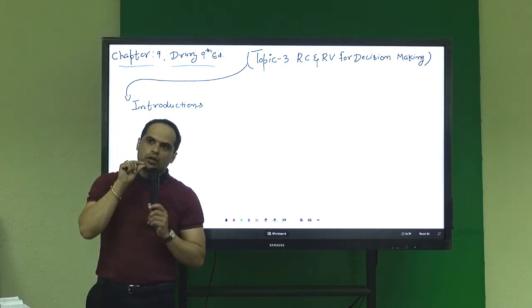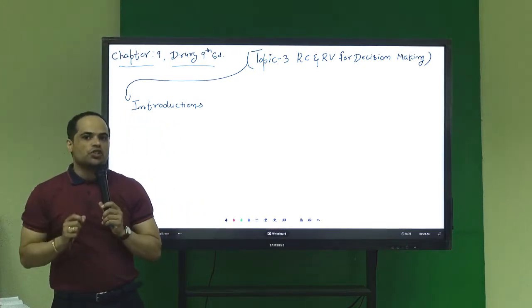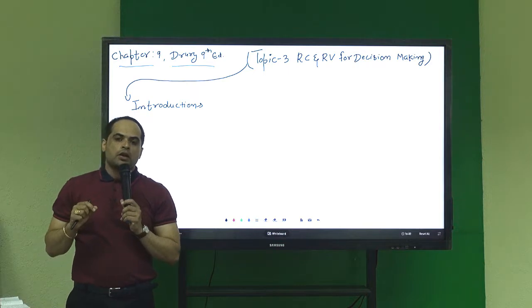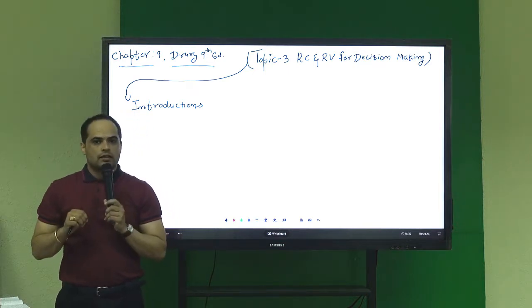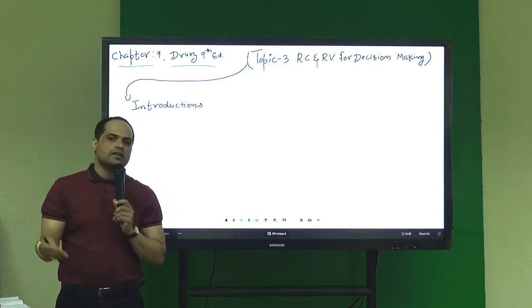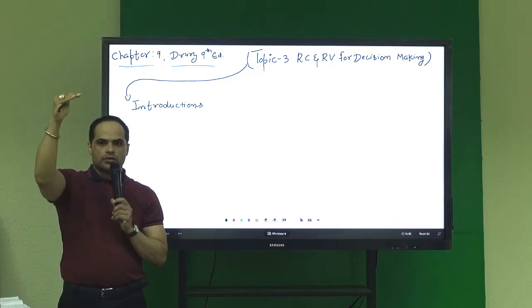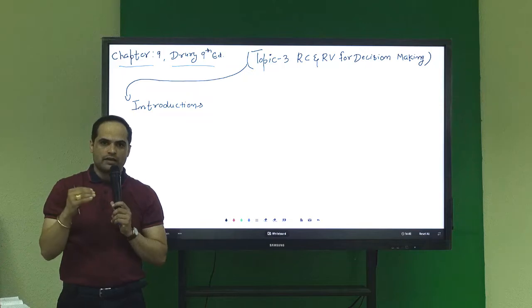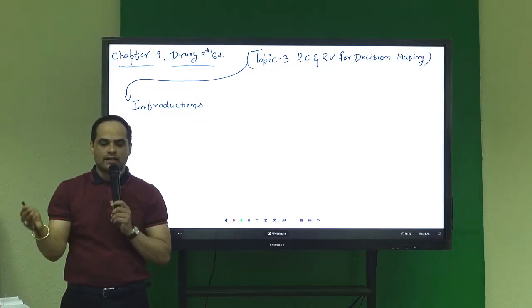Now, when we make our decisions, you already studied the previous topic, that's how we make a decision by choosing the different steps. And at the end of the steps, we make a decision whether we should do this or that.